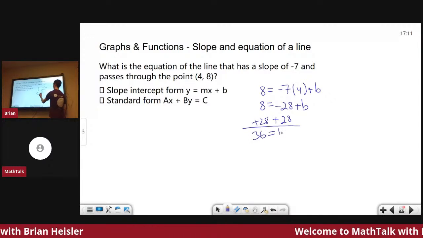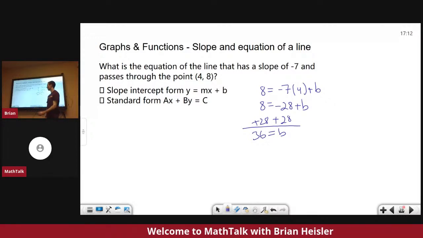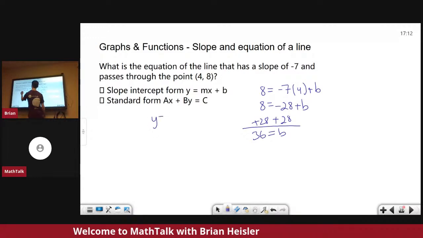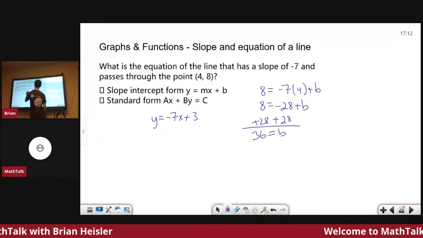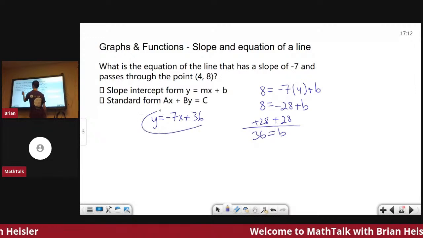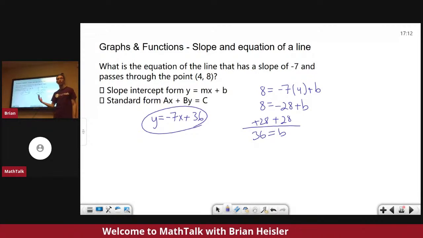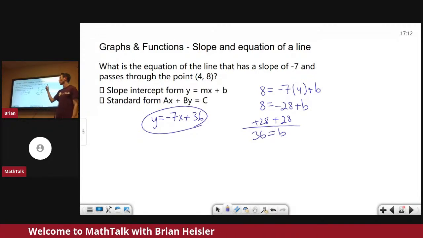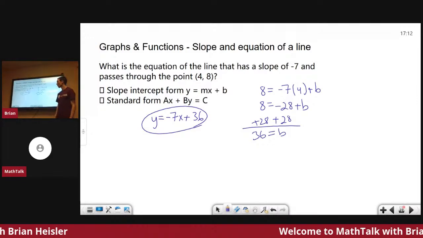I get 36 equals b. Now I can plug that back into my form. I get y equals -7x plus 36. So there is slope-intercept form. That's the equation of a line that has a slope of -7 and passes through the point (4, 8).